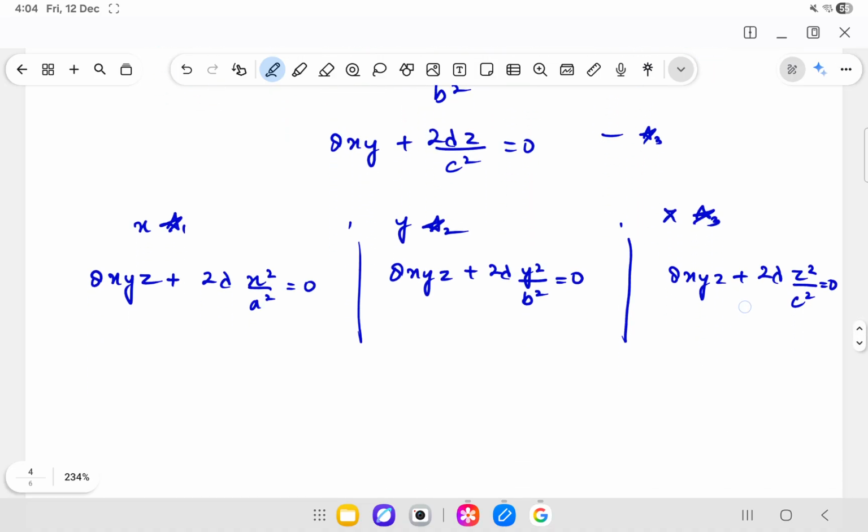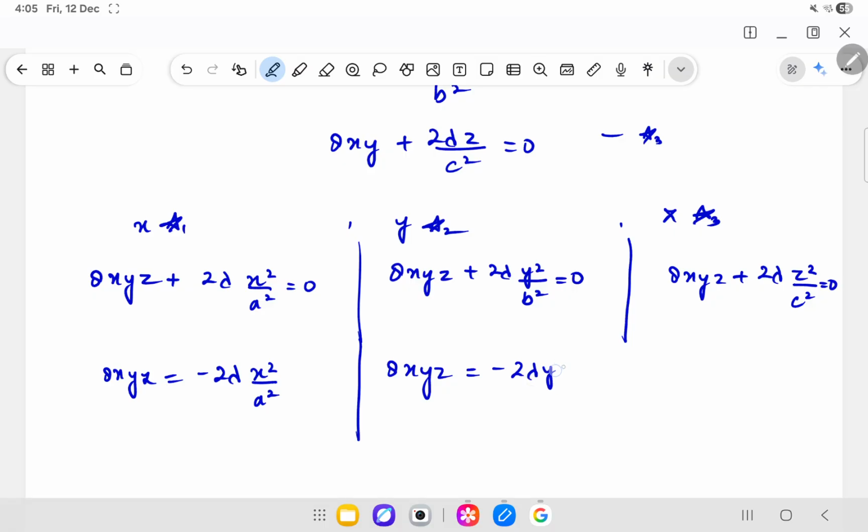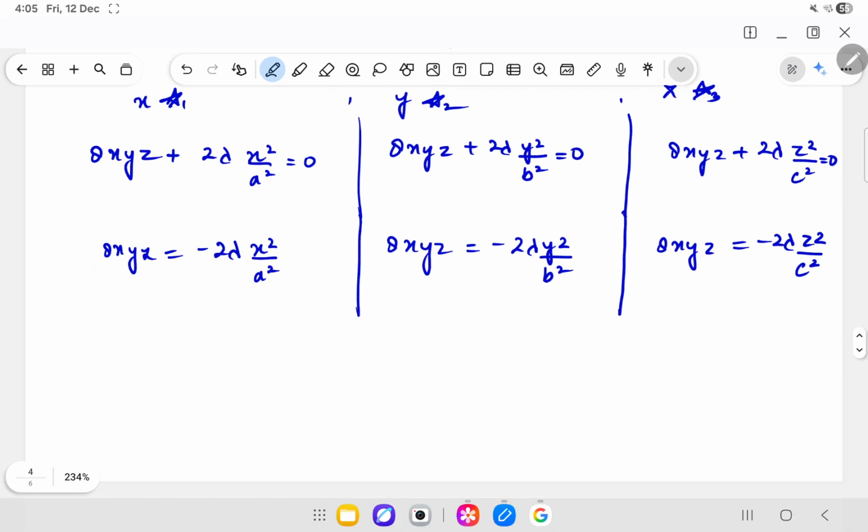Now if I evaluate the value of 8xyz from here, it will be equal to minus 2 lambda x square by a square, also minus 2 lambda y square by b square, and minus 2 lambda z square by c square. Comparing all three values of 8xyz, I'll get x square by a square equals y square by b square equals z square by c square.